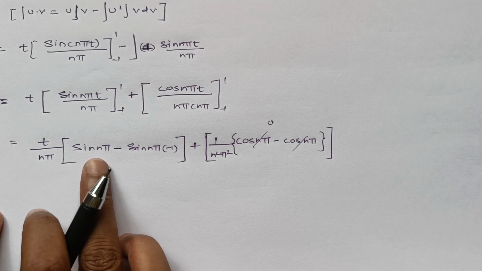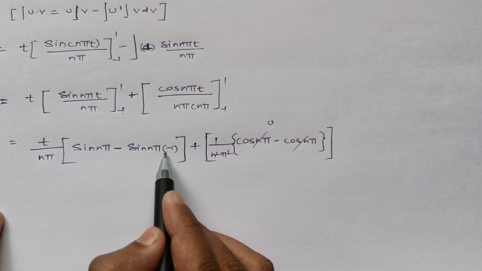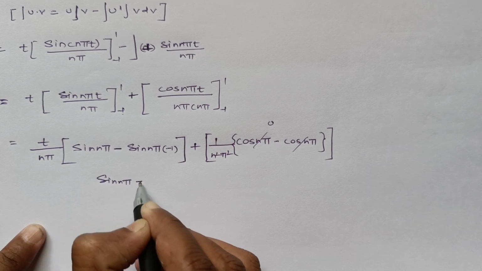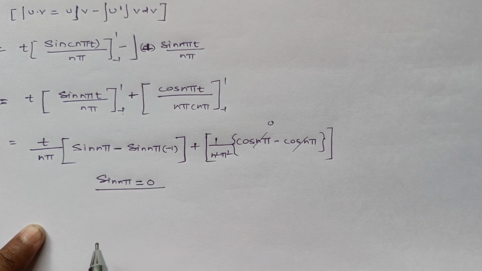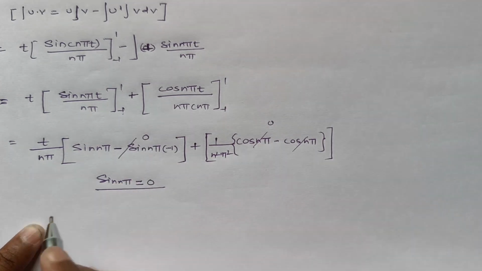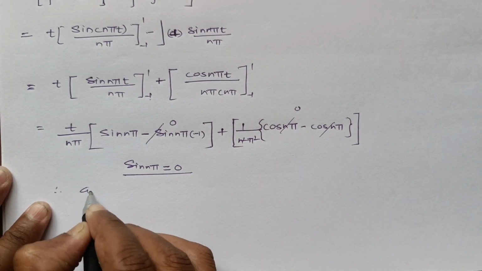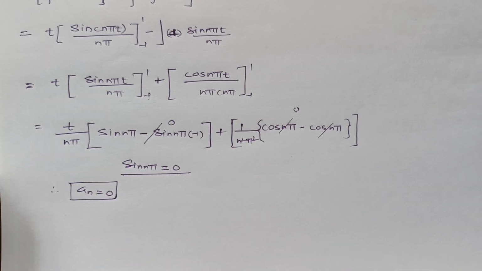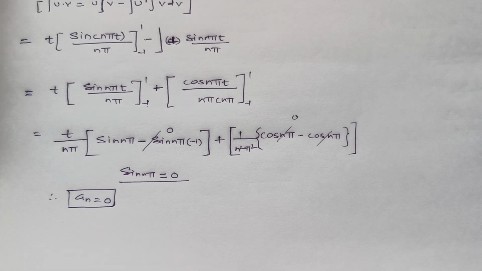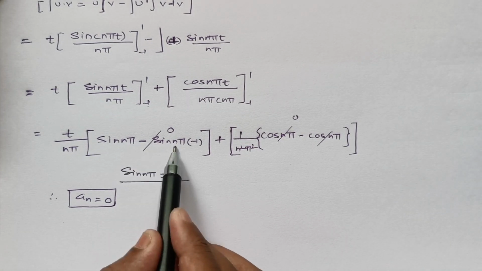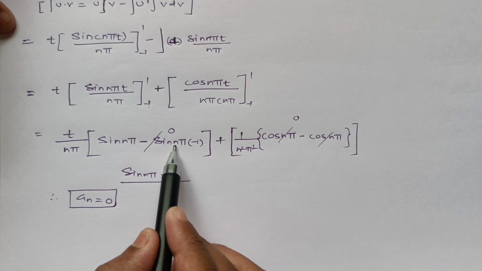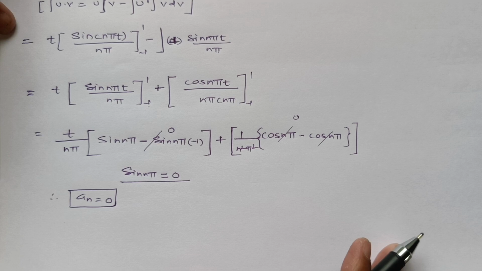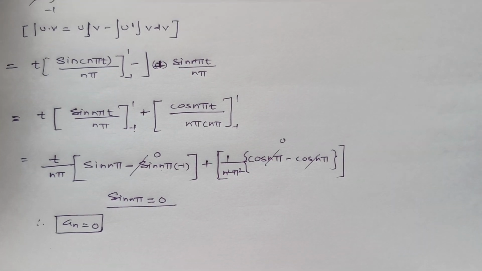At the same time, here if we look, sin n pi is there and this also becomes plus, but sin of n pi, what is sin of any angle that is a multiple of pi? It is 0, so this term also becomes 0. So based on that we will be getting this coefficient an as 0. So the second coefficient of the trigonometric Fourier series is again 0. This is the most important term. Even if you add this one, we'll get 2 sin n pi, but sin of any angle that is a multiple of pi is 0. So this will be 0. Next we'll go for finding bn in the same manner.